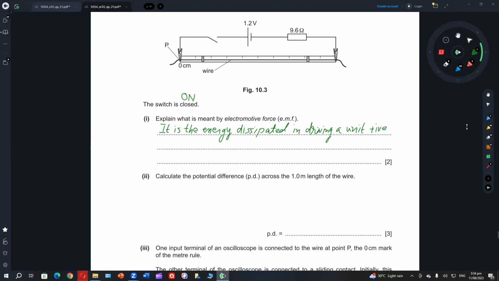A unit positive charge. This is the definition.